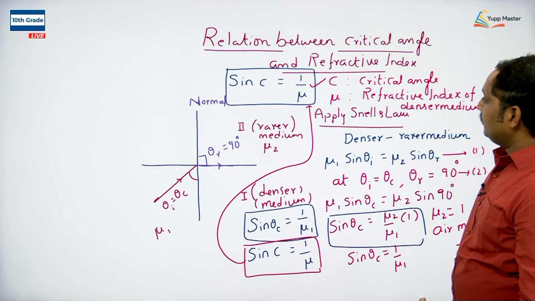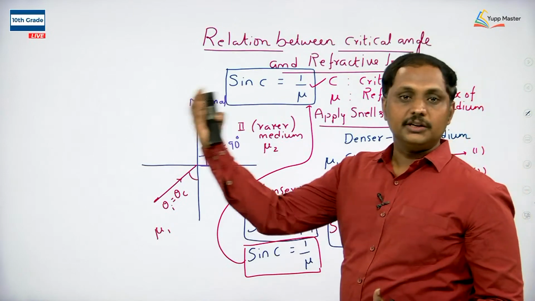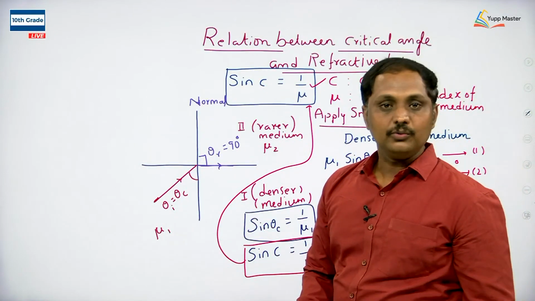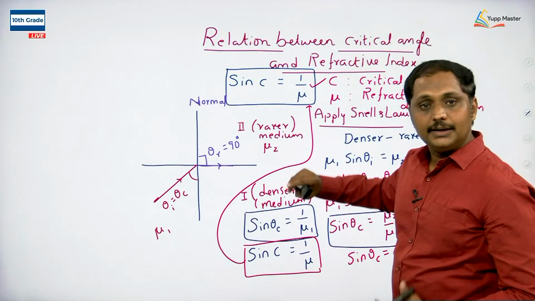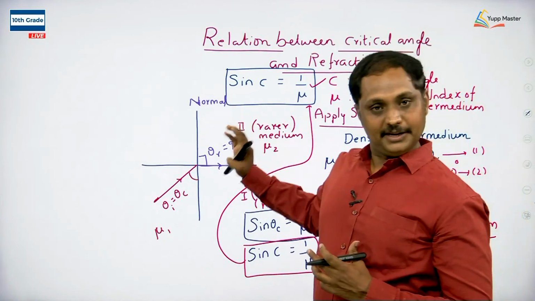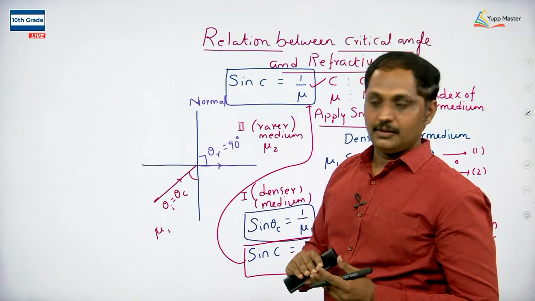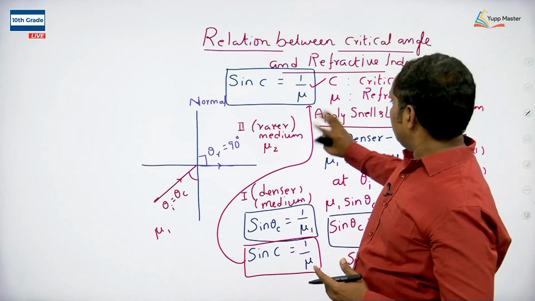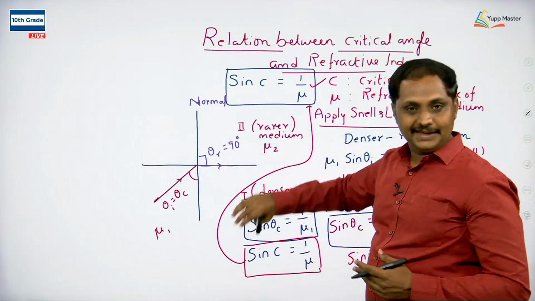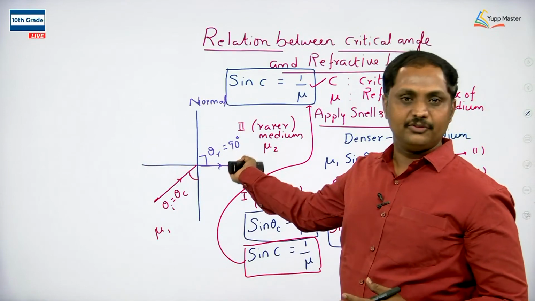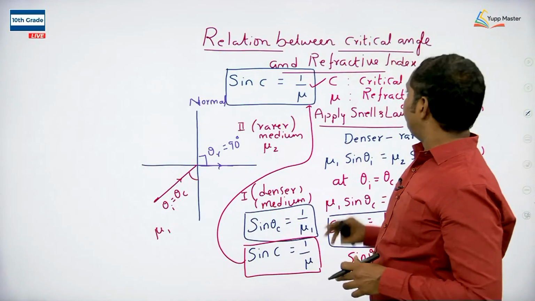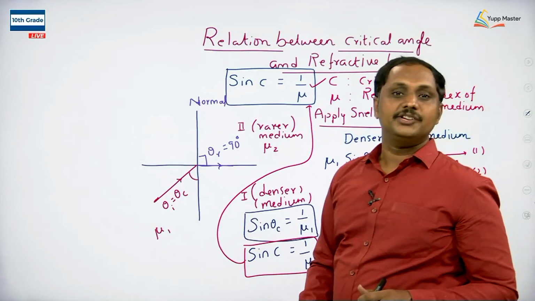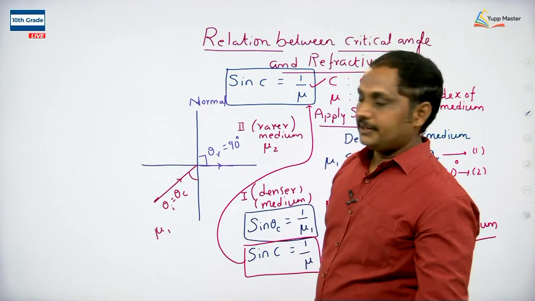Some problems encountered in the higher classes also need you to apply Snell's law at the denser to rarer medium interface. Sometimes you need to calculate the critical angle or the refractive index, whatever it may be. So this is a very, very important derivation.